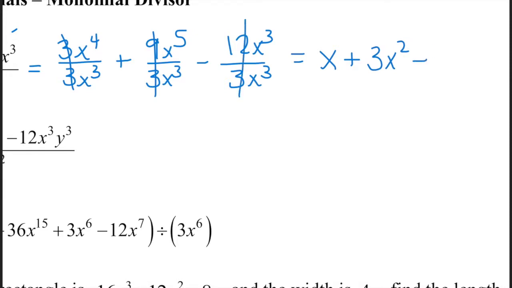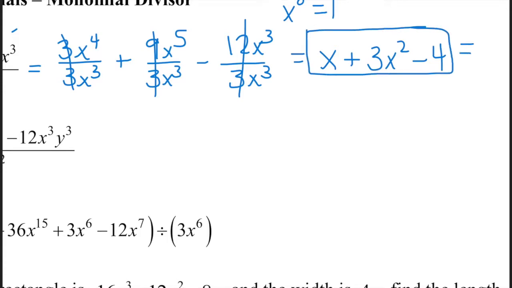And 12 divided by 3 is 4. X to the 3rd divided by x to the 3rd would be x to the 0. And remember, anything to the 0 power is 1. So just 4 times 1 is 4. This is your answer, except we probably should rearrange it into standard form. They may ask you to do that.